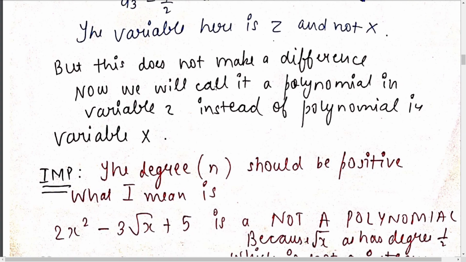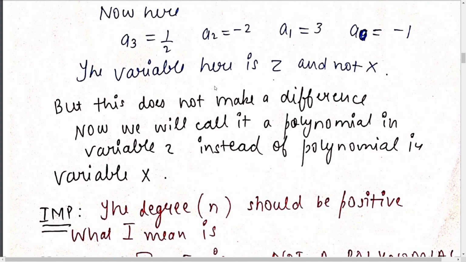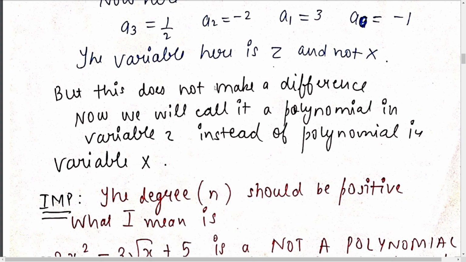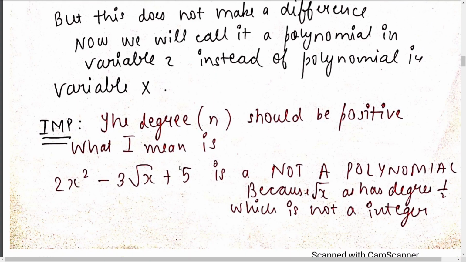So the degree n which I mentioned should be positive. What I mean is that every term's variable power is considered. Here the power of x is half, but that is not acceptable. It should be a positive integer or 0.